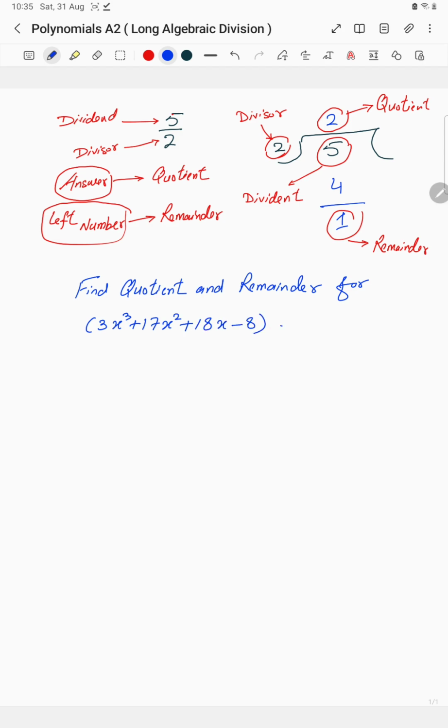This polynomial is going to be divided by 3x square plus 5x minus 2. What we have to find is the quotient and remainder when this polynomial is divided by this one. So we will do the long division process here.